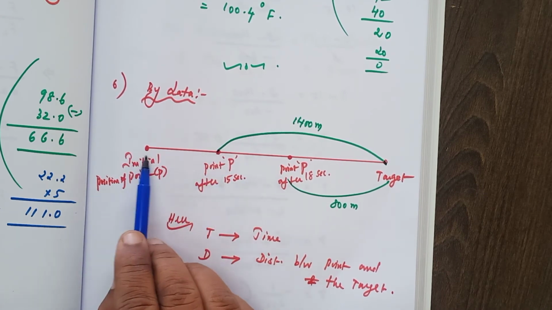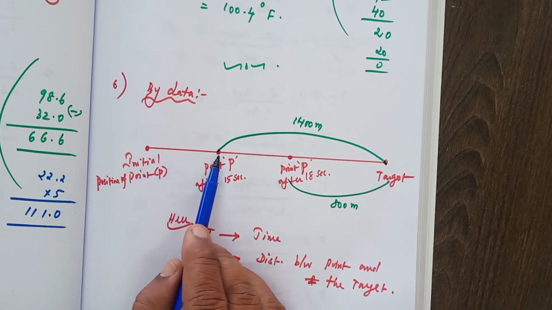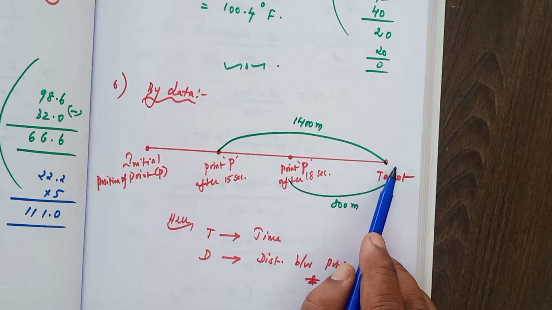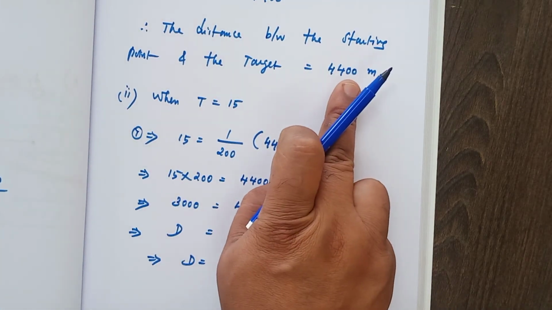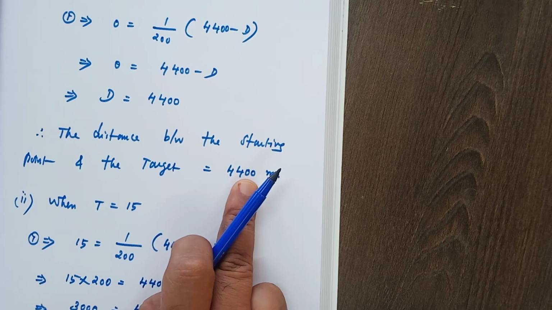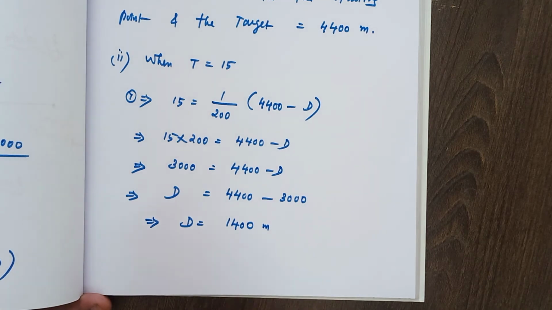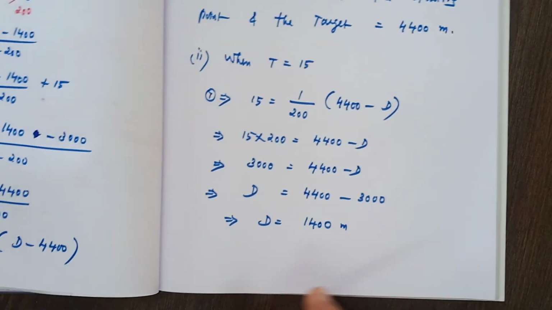You are asked to find this only. So the required distance equals total distance minus 1400. You know the total distance is 4400. So 4400 minus 1400 is equal to 3000 meters. So the distance covered in 15 seconds.